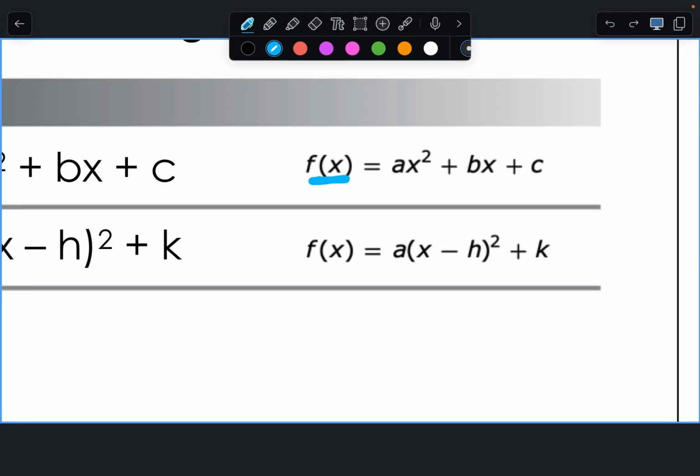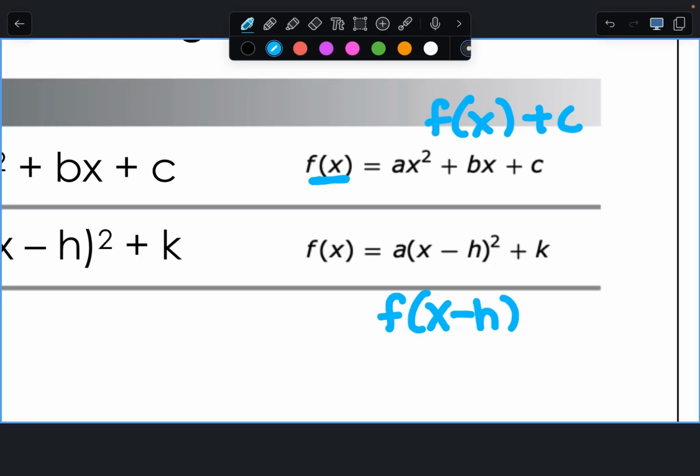They would write it as f of x minus h, or here they would write it as f of x plus c. They would just replace the x squared with f of x. In this other one, they would get rid of the squared and put an f in the front.